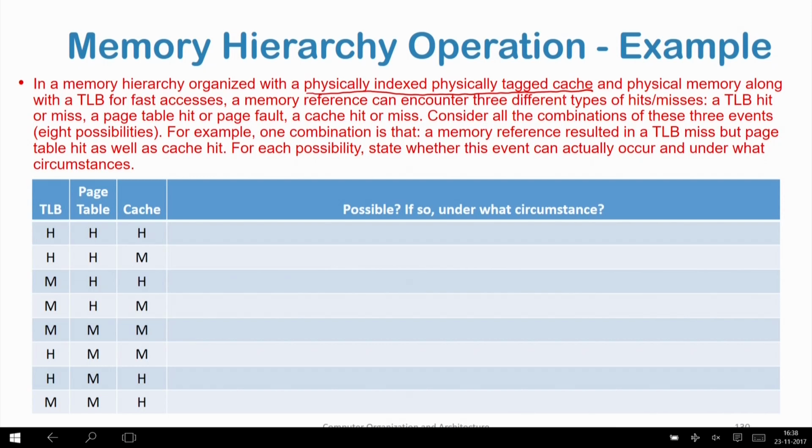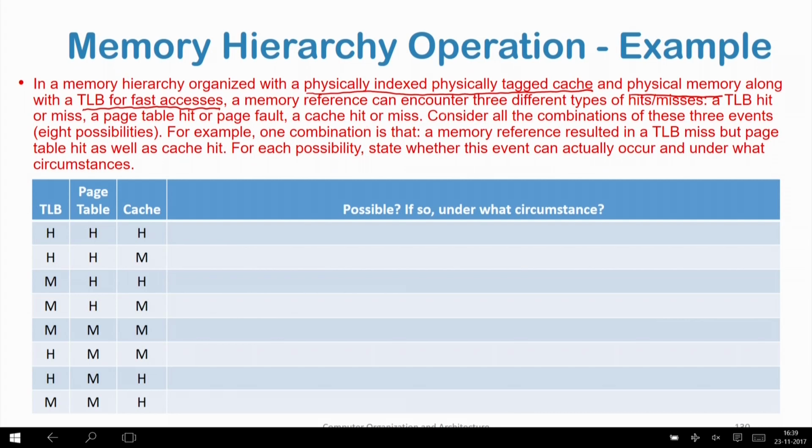I index the cache using part of the physical address and I tag the cache using part of the physical address. So, I have a cache and a physical memory, along with a TLB for fast accesses.